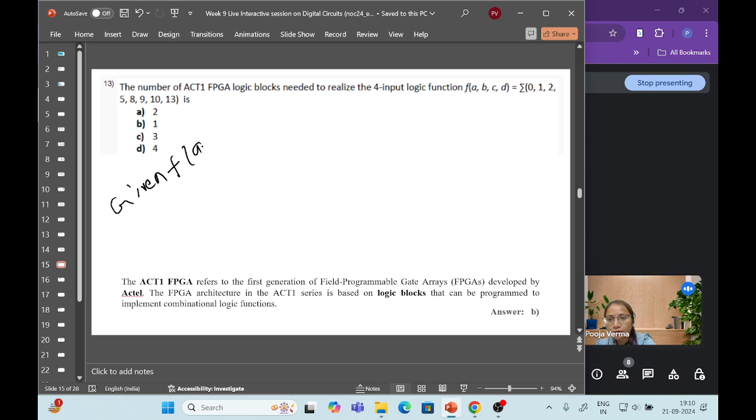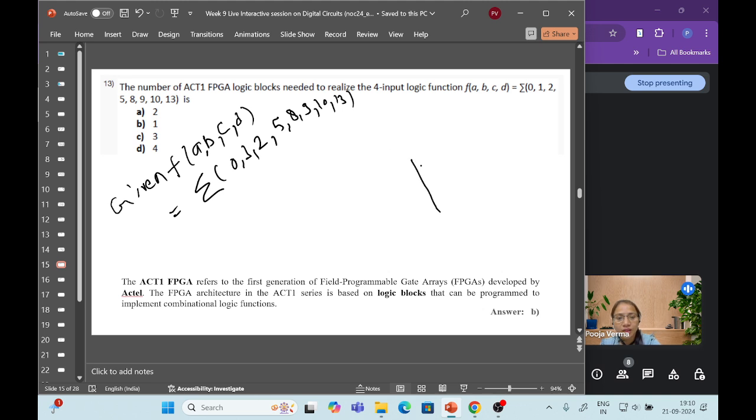So here it is given f of A B C D is equal to summation 0 1 2 5 8 9 10 13. How will we find the logic expression? Already we know that by using the K-map. So anyone of you want to solve this K-map problem, in order to find the Boolean expression?